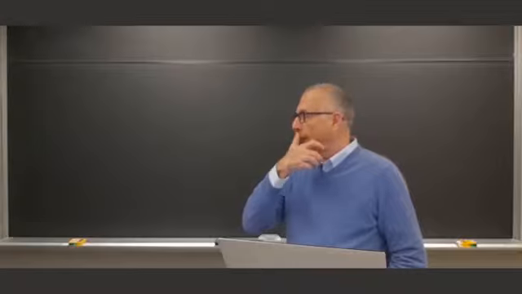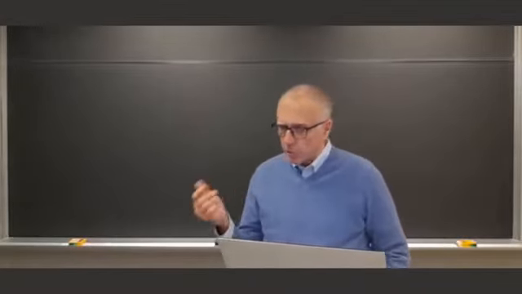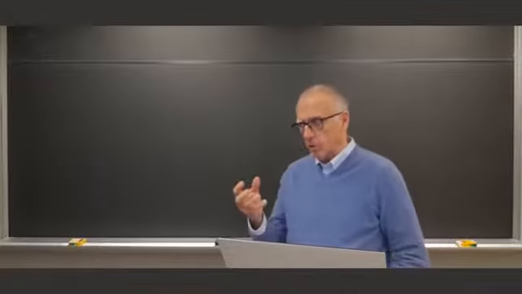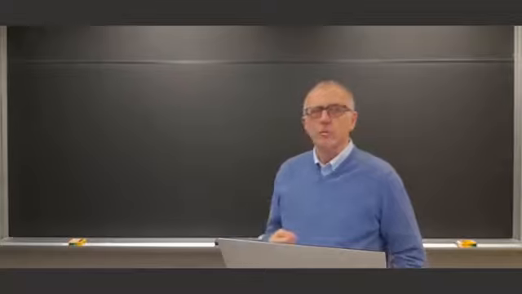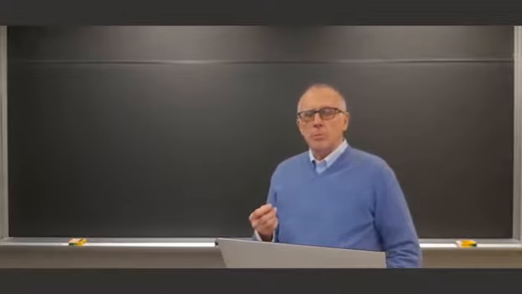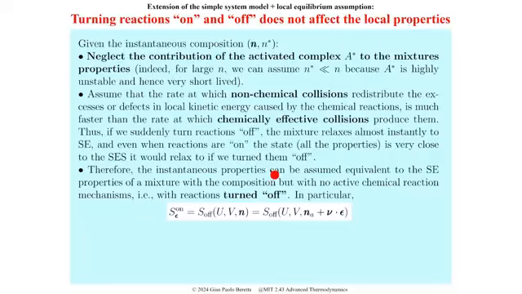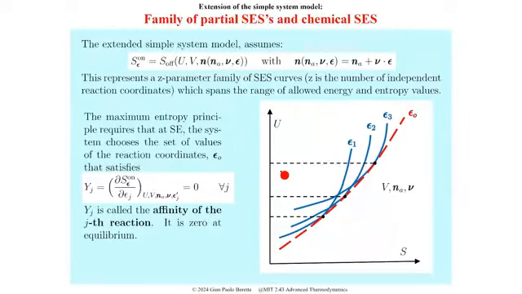And so, as part of our assumption here that we can model the properties as if it were a stable equilibrium state with the reactions turned off, is also the assumption that the non-chemical collisions are much faster, are much more abundant, and therefore equilibrate energy much faster than the effective chemical collisions.